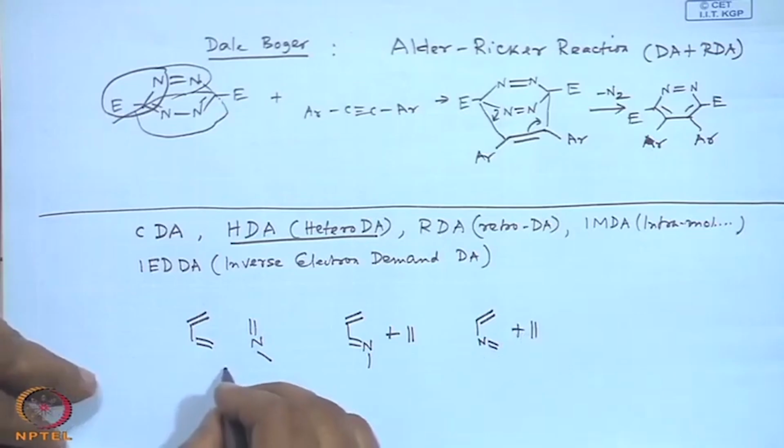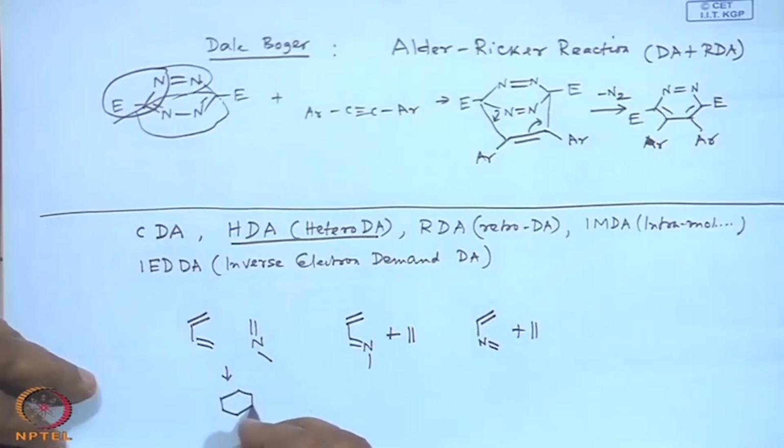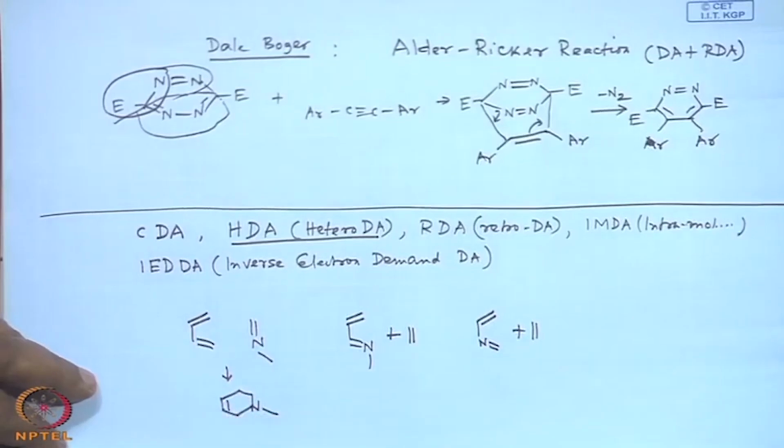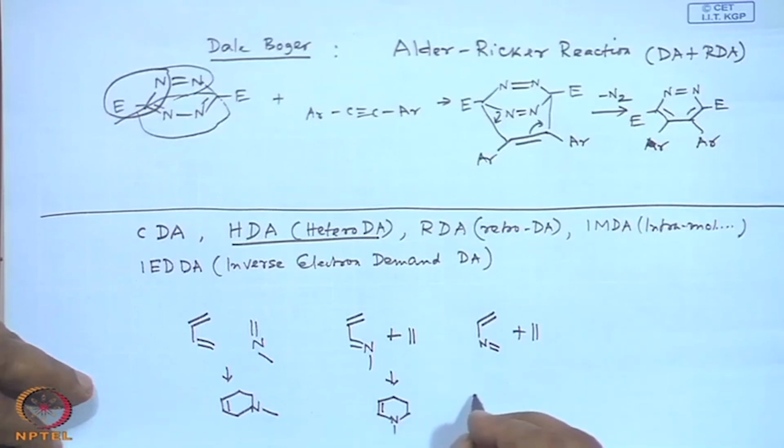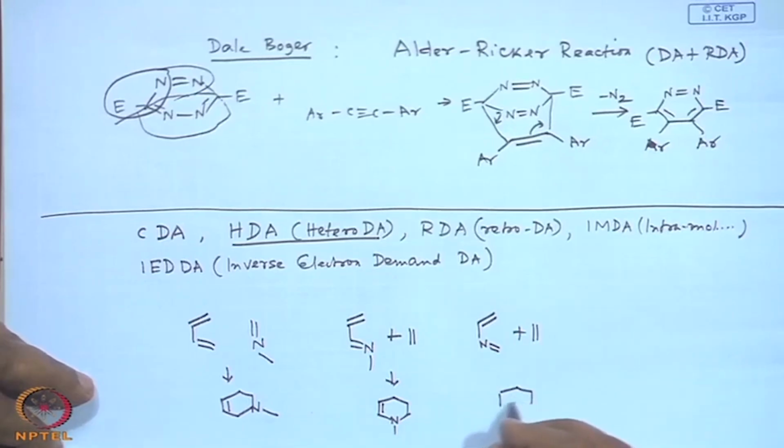Of course all of you can guess that the product would be a cyclic one, with two new sigma bonds and the electrons organized accordingly. So like this I think all of you can write the structure. You see here, in all cases the end products are heterocycles, right.